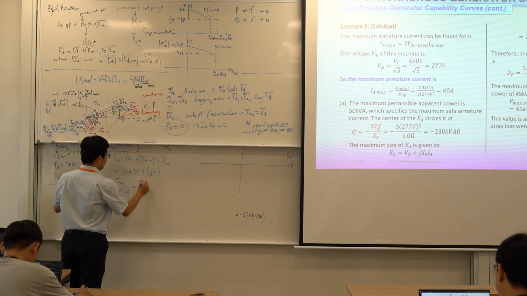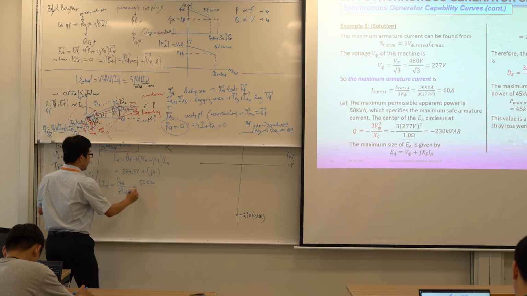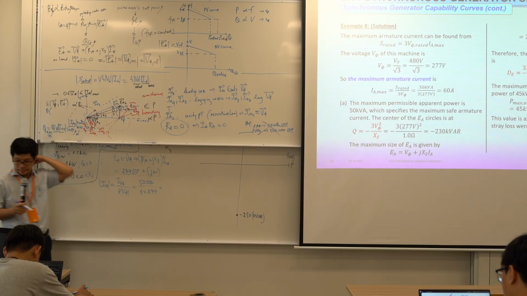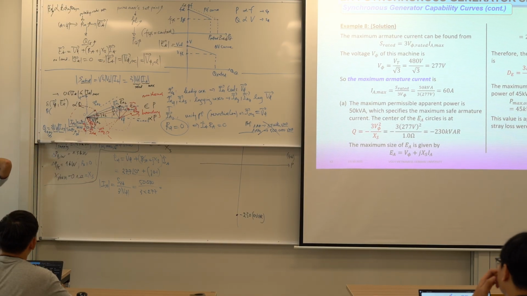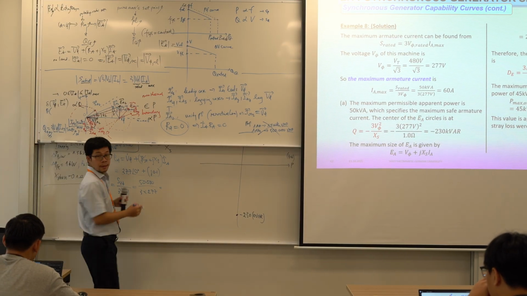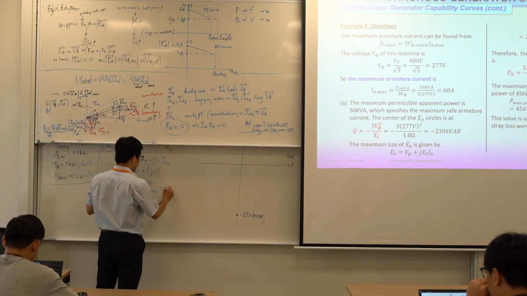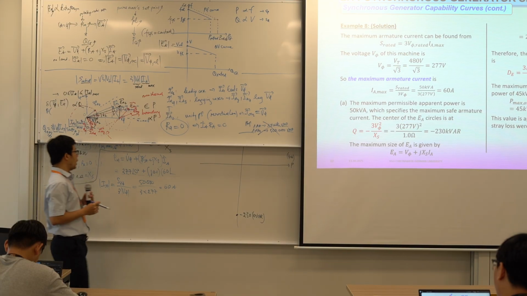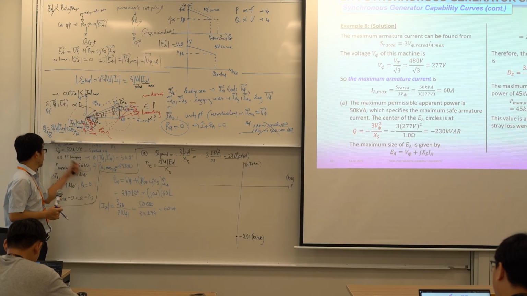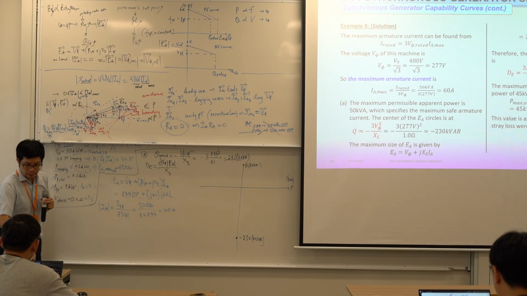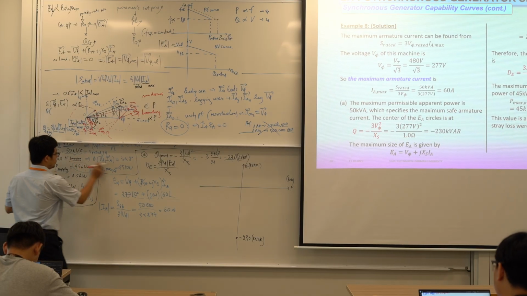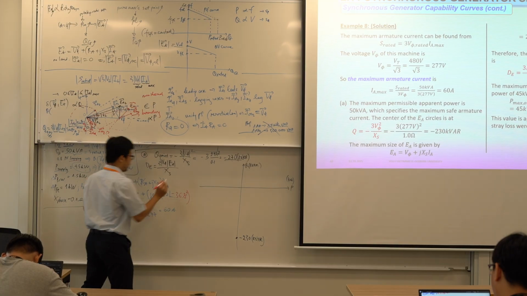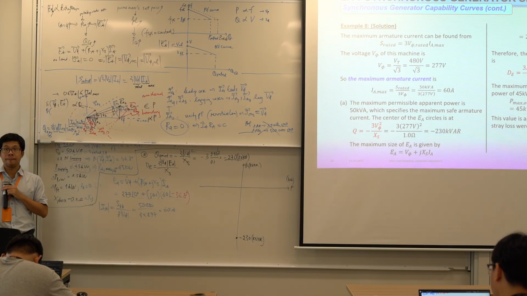So you get 50,000 VA over 3 times 277. How many please? 60 amps. So that means here we have 60 with the phase angle. This is lagging, so this one should be minus 36.8 degrees. Do you agree with me?